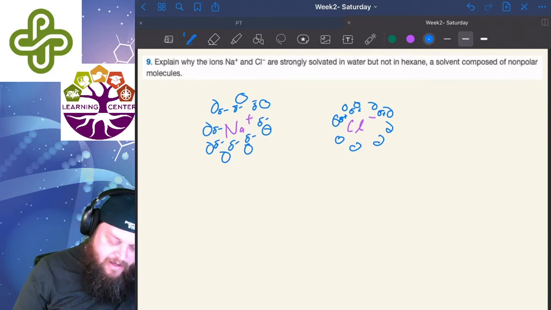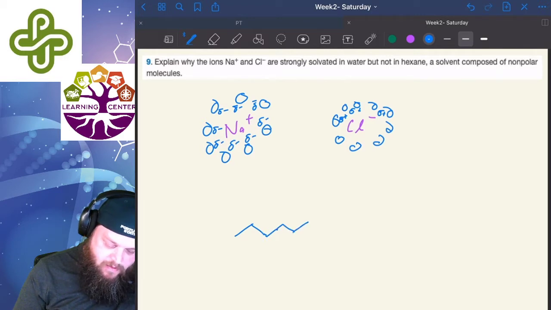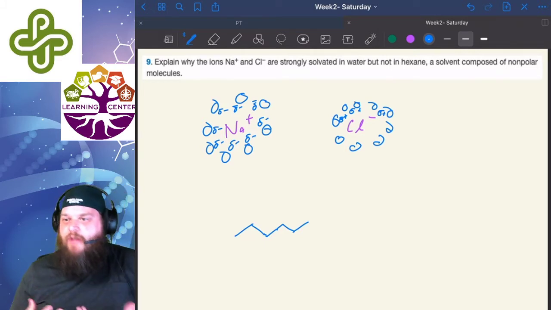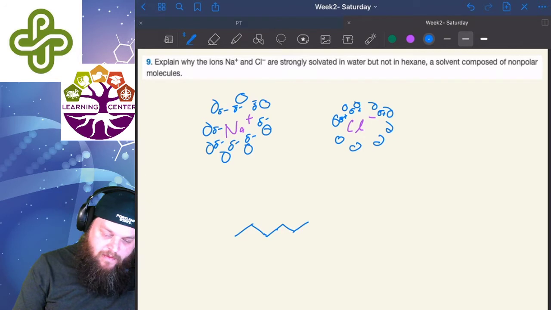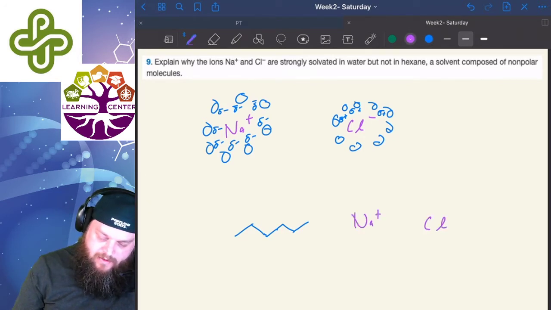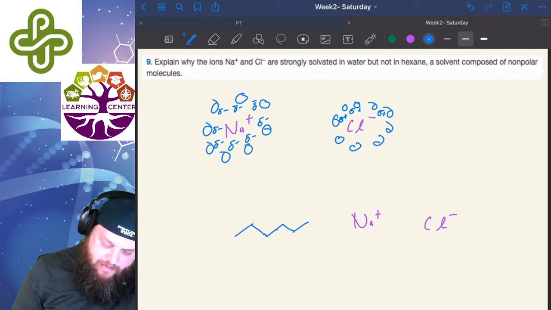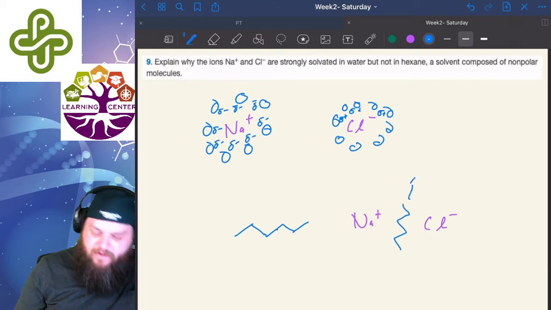Again, the hexane, which is just a 6 carbon chain, 1, 2, 3, 4, 5, 6. It's non-polar, so there's no dipole in there. So they're floating around in there, but we have this positively charged ion. Assuming that ionic bond breaks, we can have a hexane, which is just kind of floating in between them, but then it just kind of scurries past.